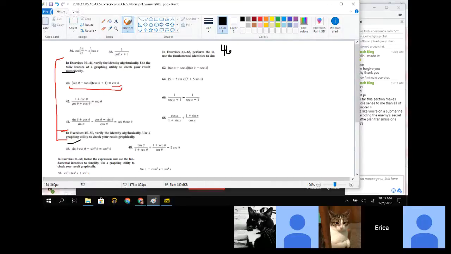So 46 is the sine of theta times the cosecant of theta minus sine squared of theta. Okay, and we want that to equal the cosine squared of theta. So again, let's get everything to sine and cosine, especially because we want cosine squared, right?